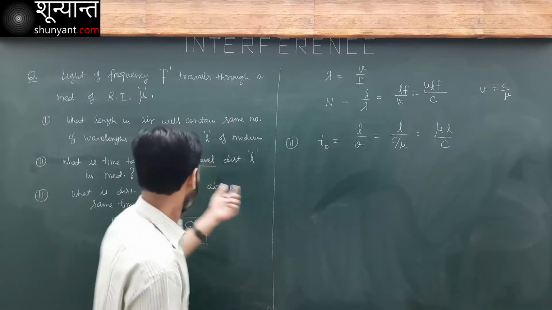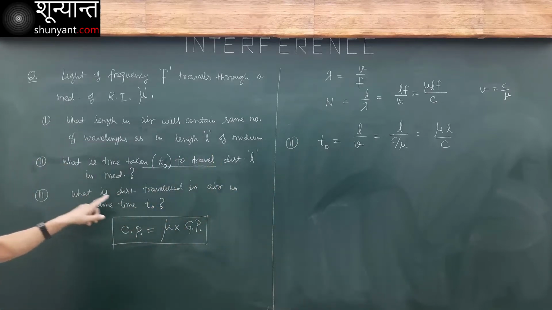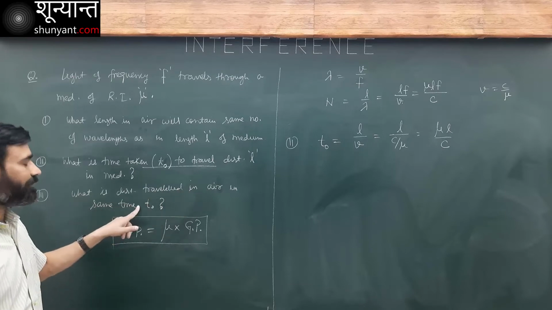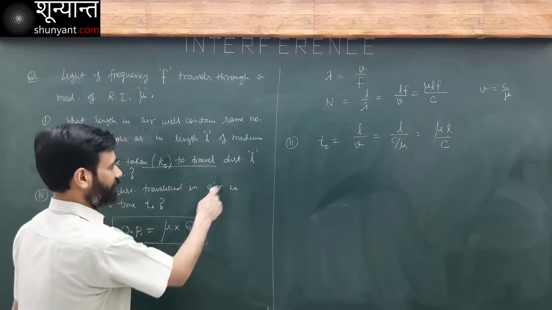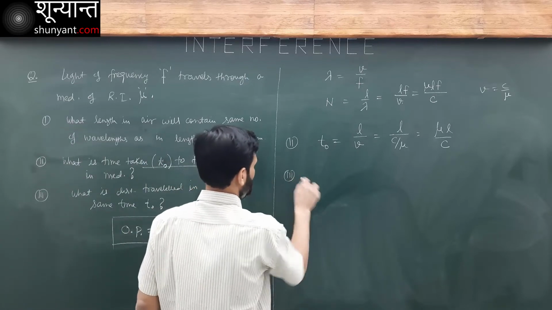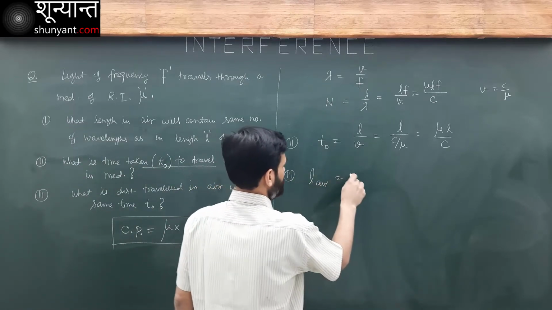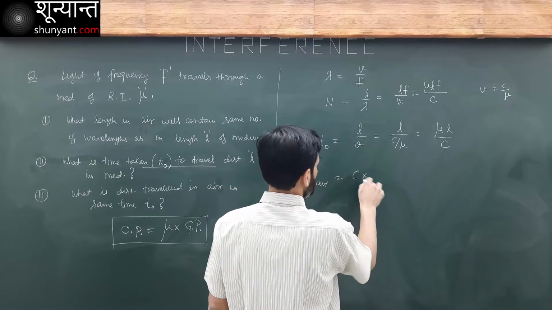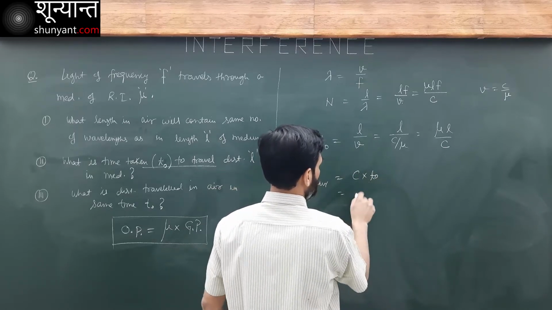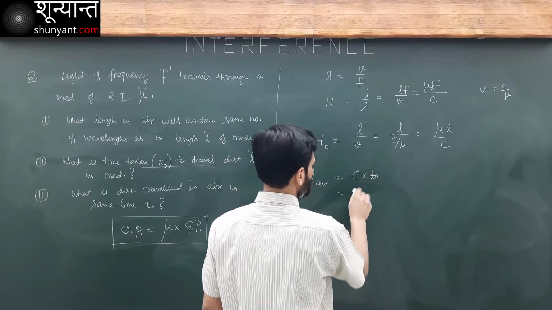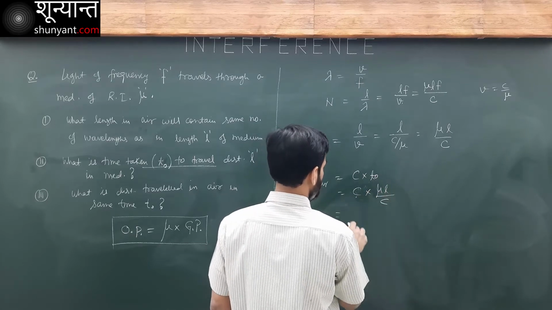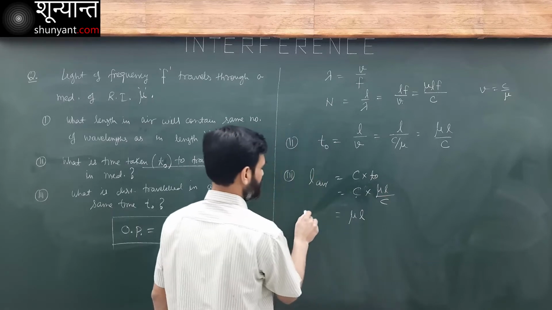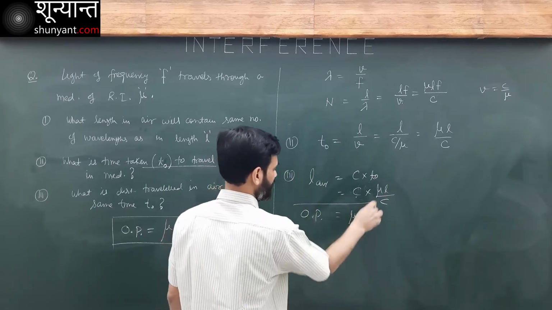In the same time, how much distance will the light travel in air or vacuum? Third, L in air is equal to C times t naught, which is C times mu L over C. It becomes mu L. This is known as optical path.